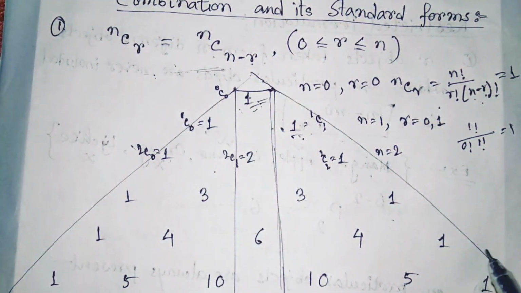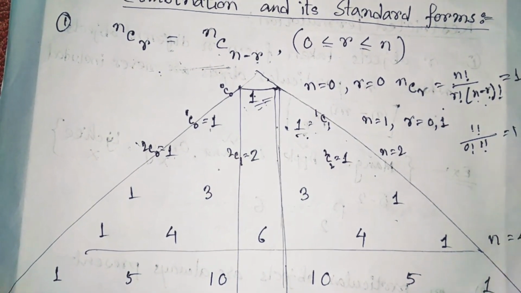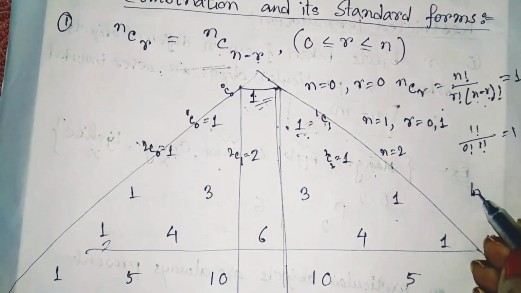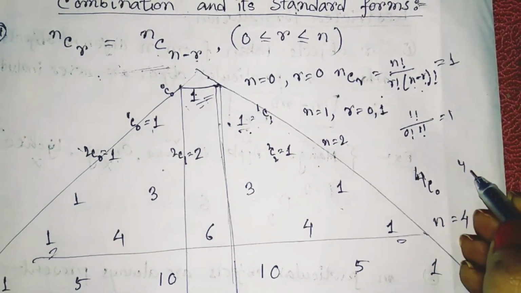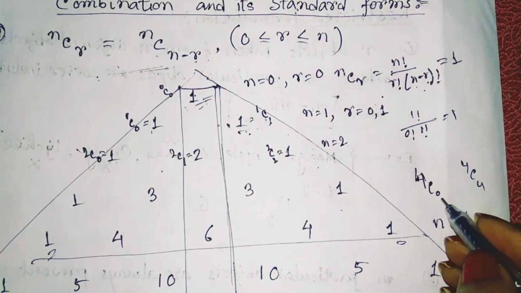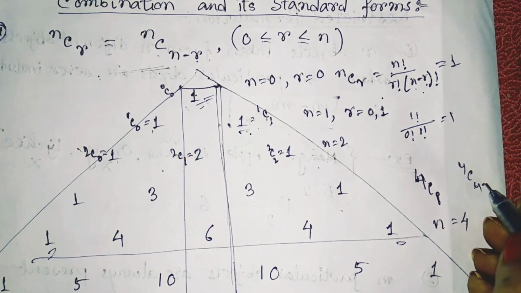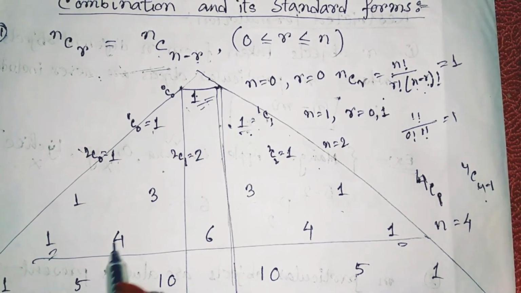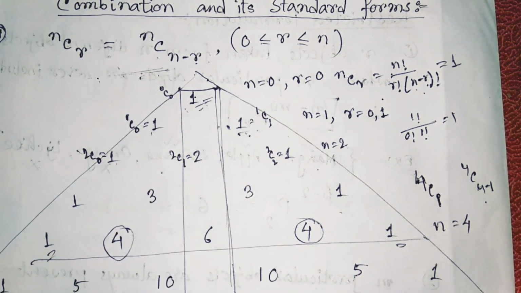So for example, if we consider this one, here n is equal to 4. n equal to 4 means the first element is 4C0 and the last element is 4C4, and these two are the same. Next 4C1 and 4C(4 minus 1), that means 4C3. So 4C1 is this one and 4C3 is this one. So these two are the same.